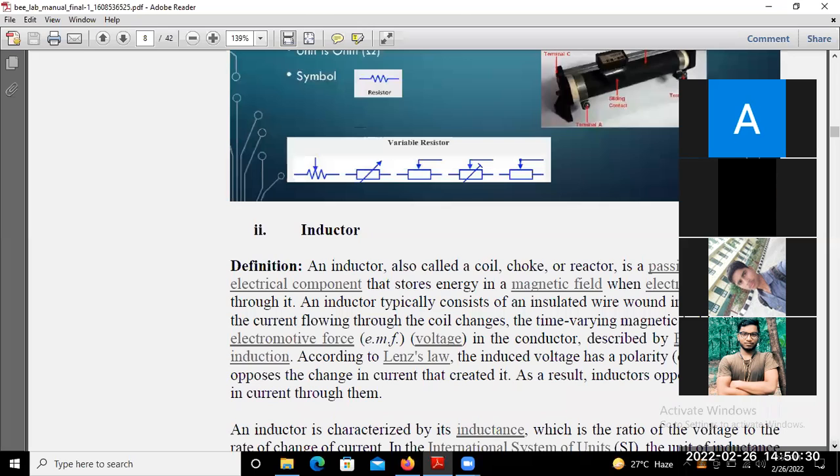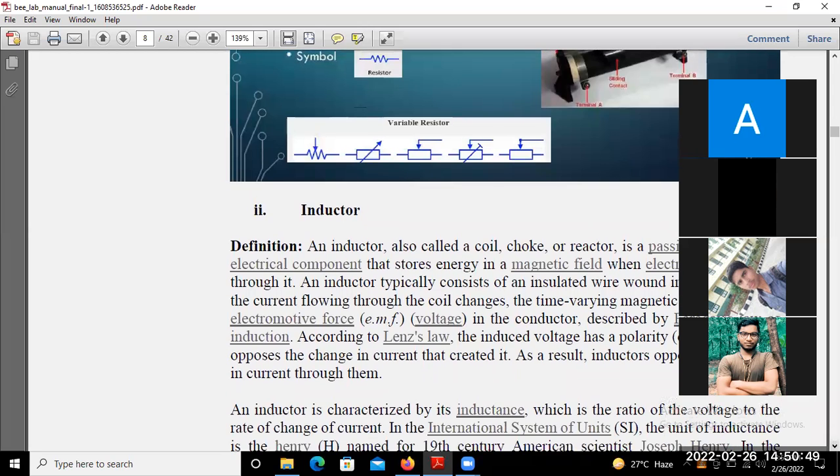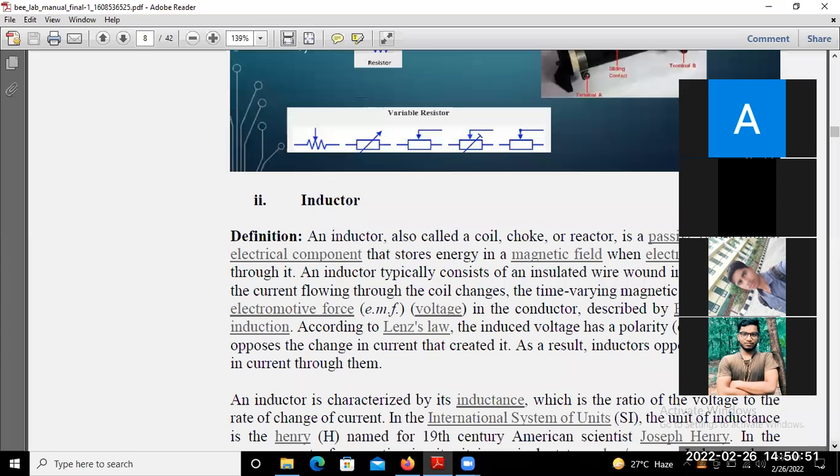If the coil is energized, then EMF will be induced if flux change takes place in another coil. So this is all about the function of inductor. It is also called a choke, coil or winding.